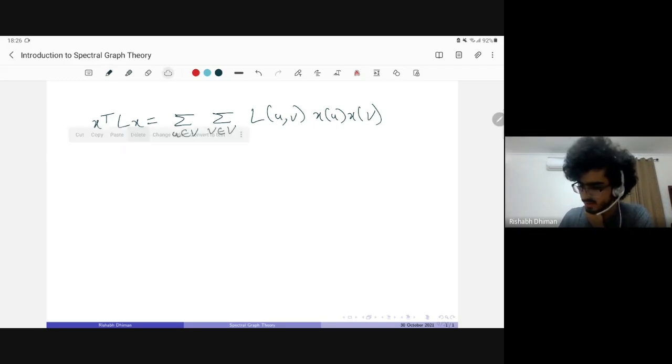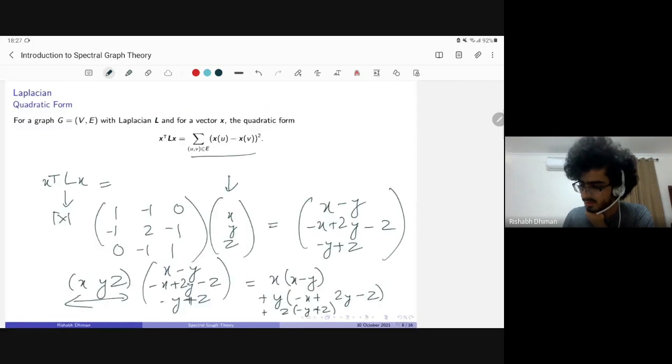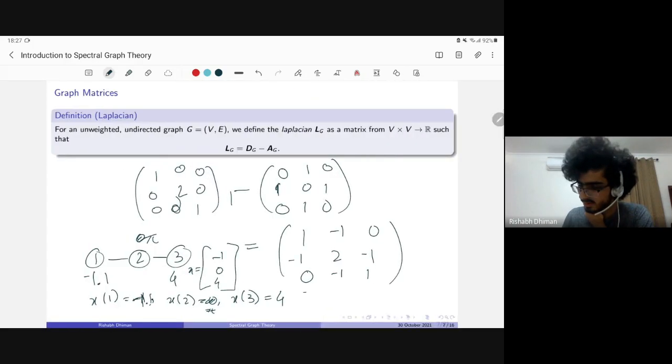Okay, so now going back to how we define this Laplacian, you'll notice that LUU is nothing but the degree of U, because for the adjacency matrix, the diagonal will have no value because we don't have such edges.